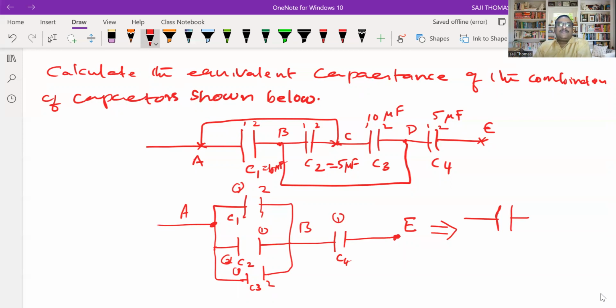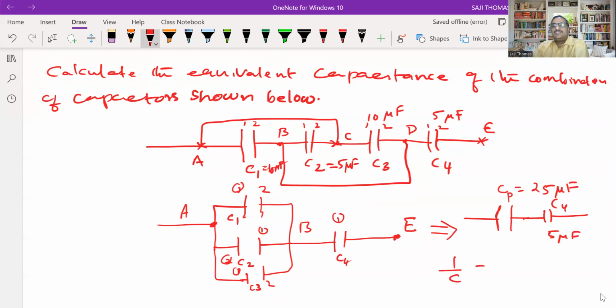So 10 plus 5 is 15, plus C3 which is 10, gives 25. Now this 25 microfarad is in series with this 5 microfarad, C4.